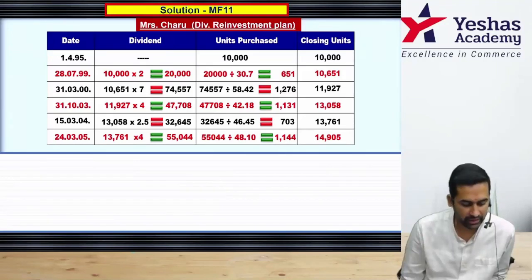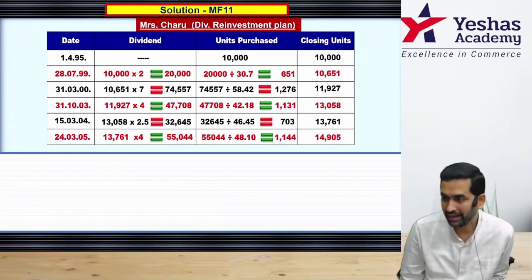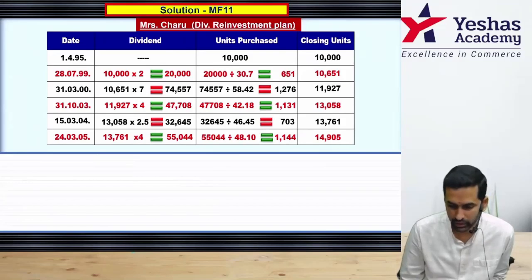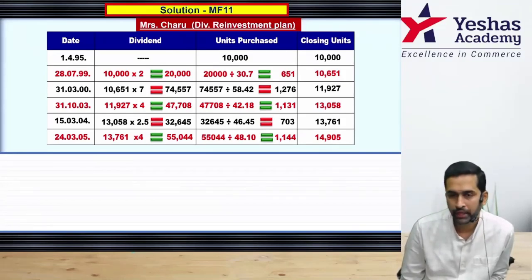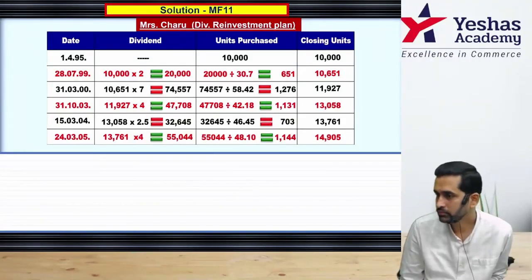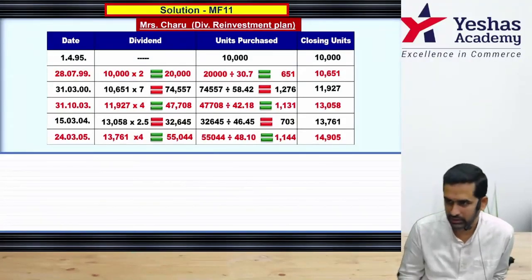And which NAV to take? You're working out under plan A. That means you have to go by 30.7 rupee. That day's NAV. That gives you, I think, rounded off number 651. If you want to write decimals, no problem.